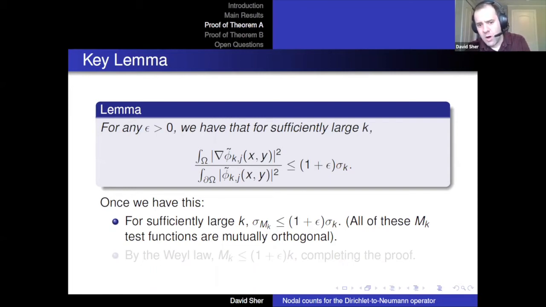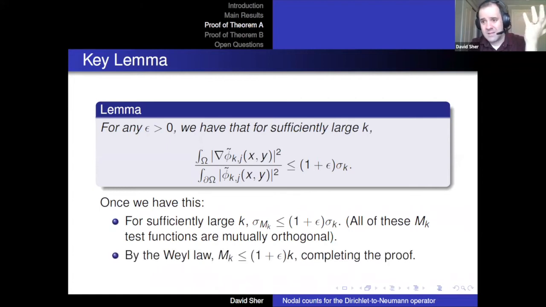So this is an inequality between sigma mk and sigma k. But we know how these grow by the Weyl law, and all you need is the leading term. By the Weyl law, mk is less than or equal to 1 plus epsilon times k. And that's exactly what we wanted to prove. That proves the lim sup statement.